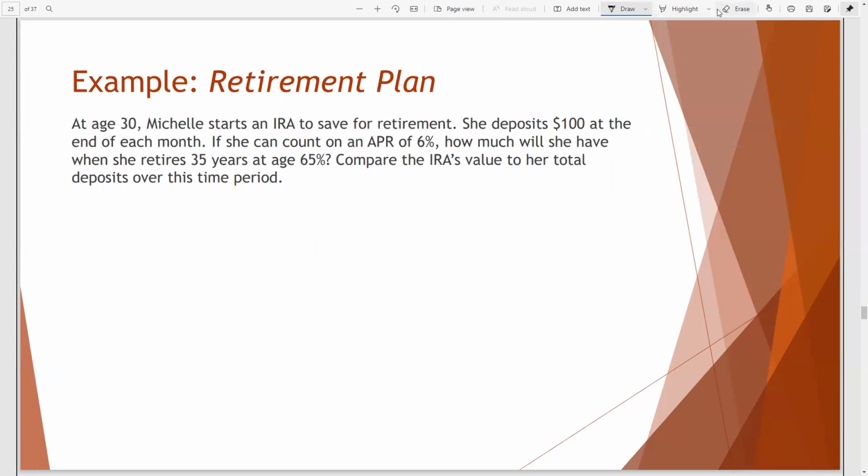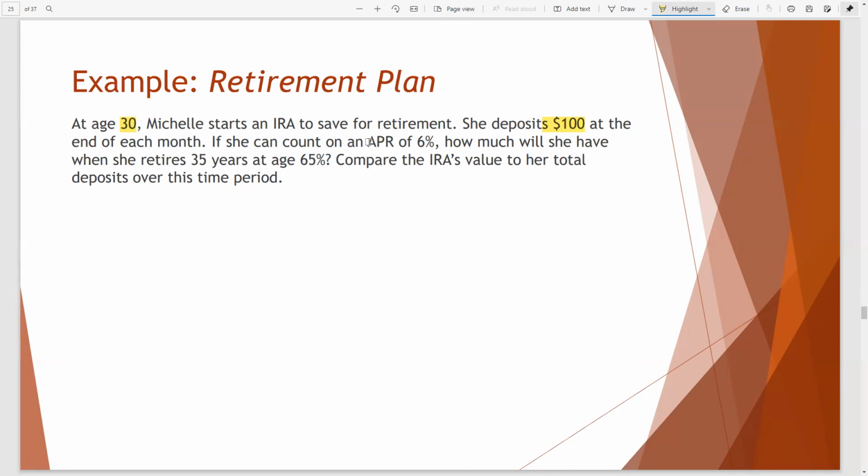All right, so things are getting a little harder. Retirement plan. At age 30, Michelle starts an IRA to save for retirement. Deposits $100 at the end of each month.